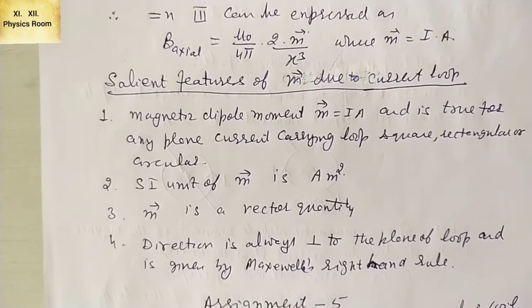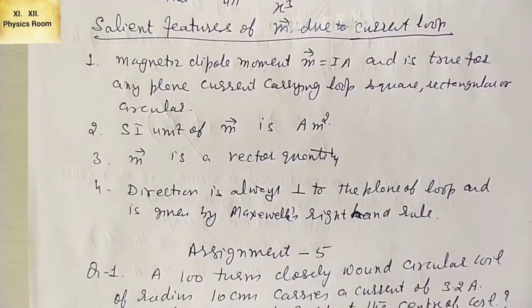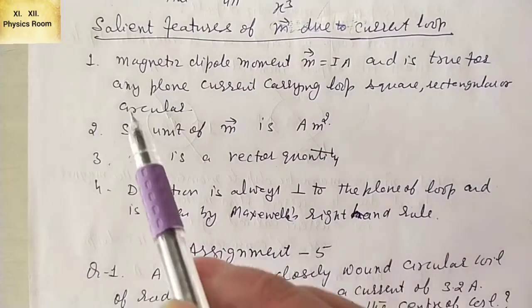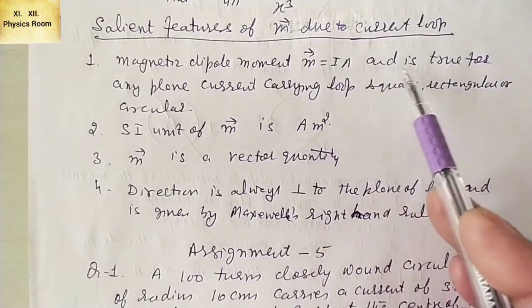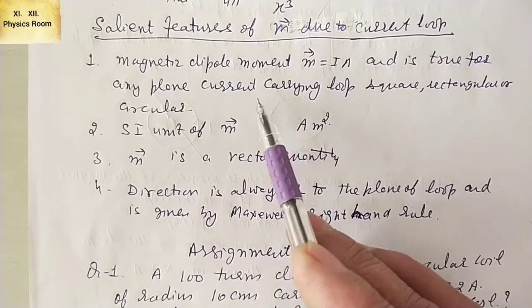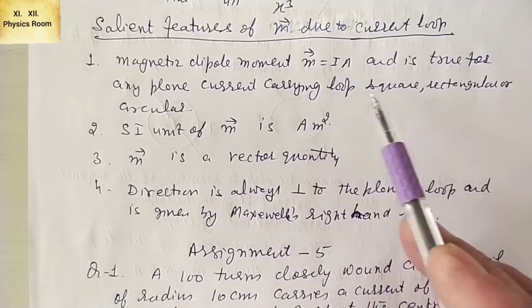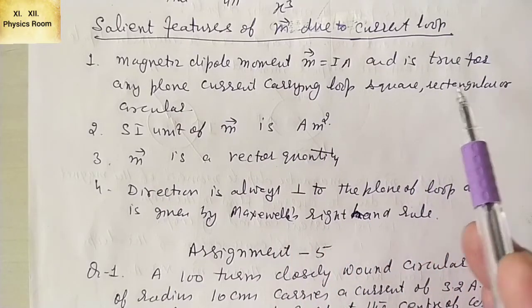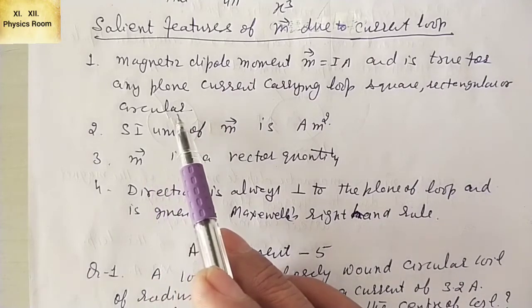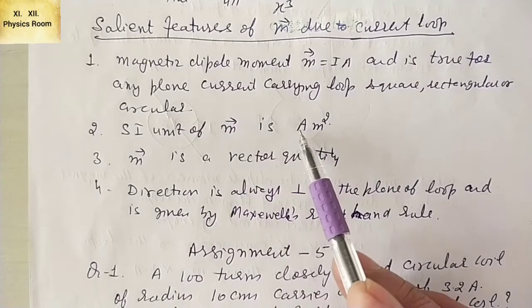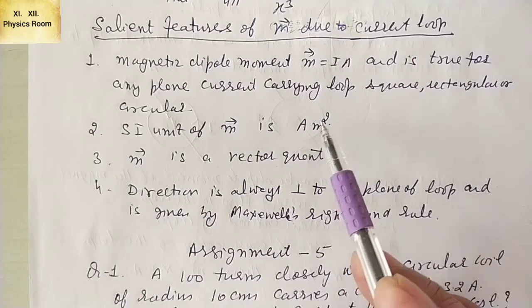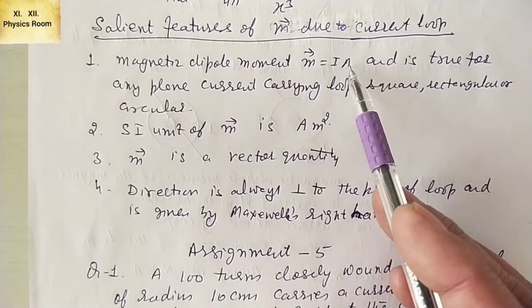Now the salient features of M. First point, magnetic dipole moment M is equal to I A and is true for any plane current carrying loop, square, rectangular or circular. Second, the SI unit of magnetic dipole moment is ampere meter square: ampere for current and meter square for area.